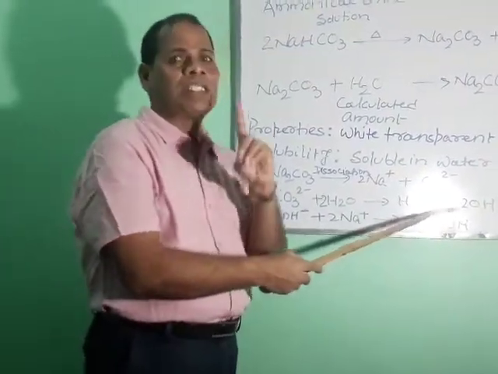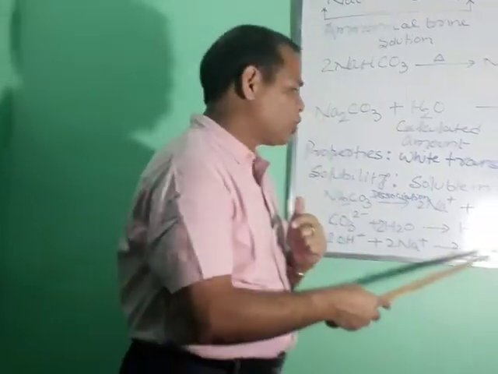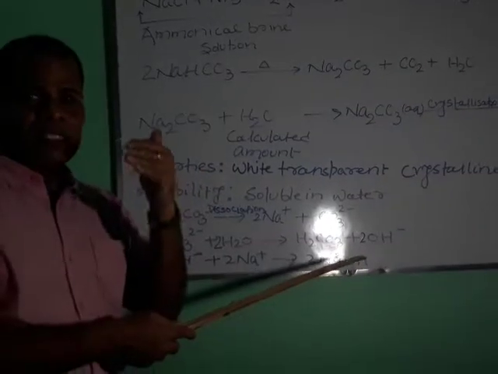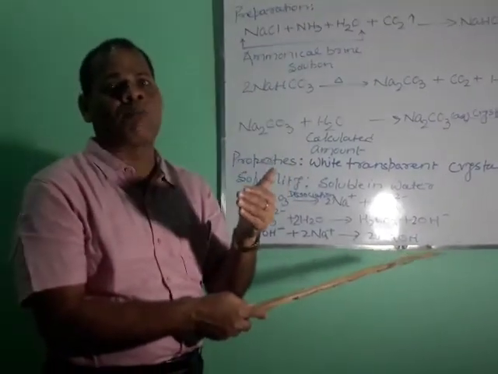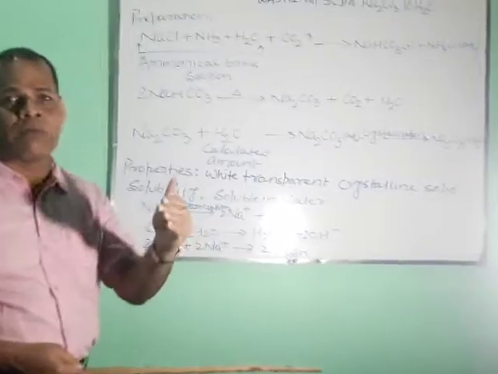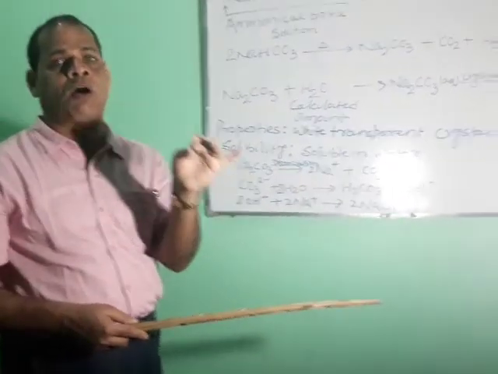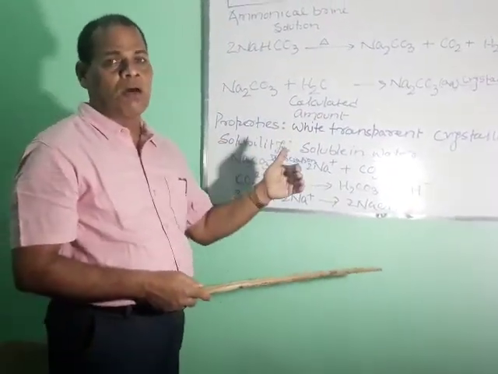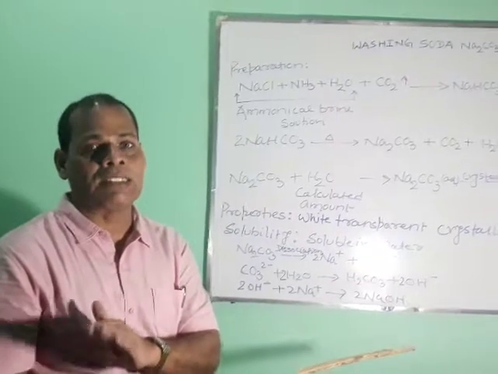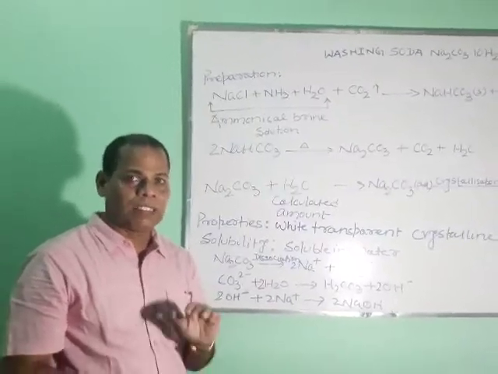A weak acid produces a lesser number of H plus ions and a strong base produces a large number of hydroxyl ions. So the resulting solution has a dominance of hydroxyl ions, more than hydrogen ions. So the aqueous solution of washing soda is slightly alkaline in nature.